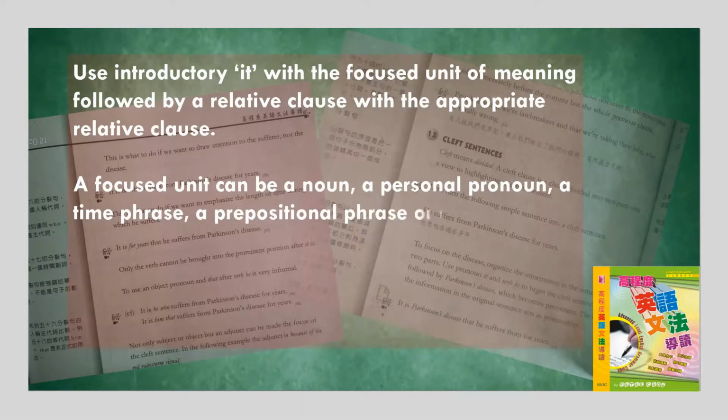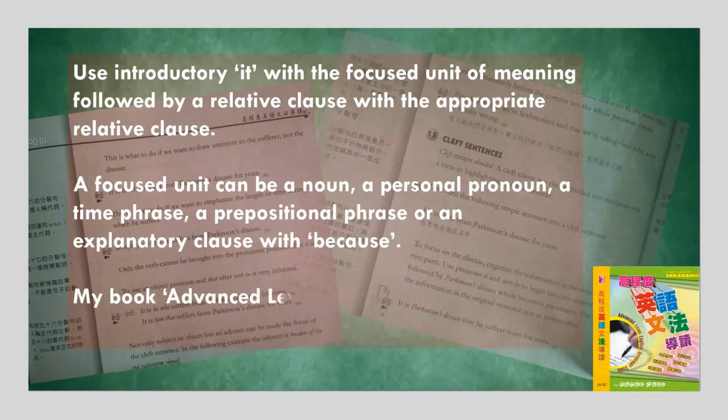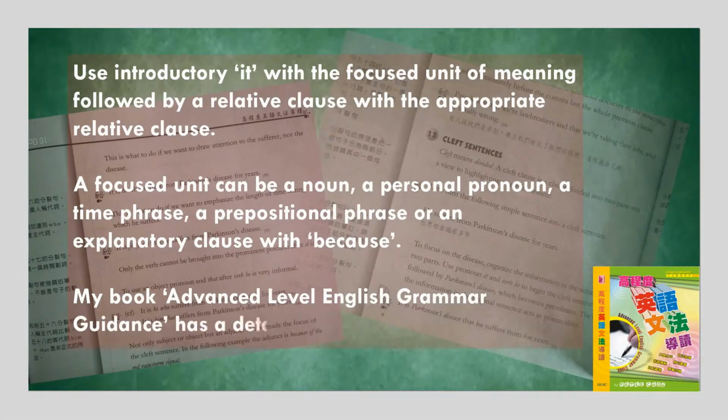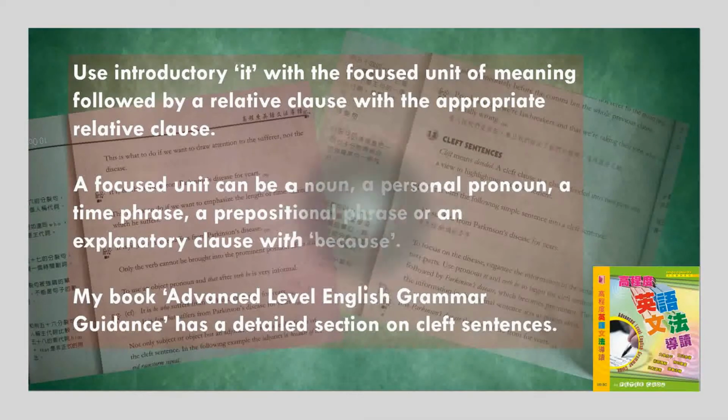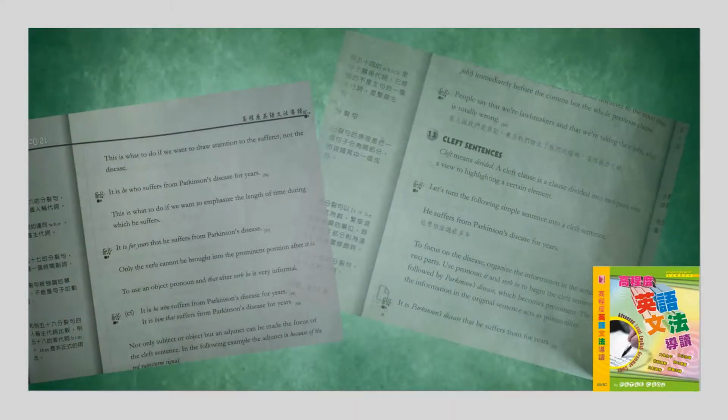They can all be placed in the front with the introductory "it," and then followed by a relative pronoun, a relative clause. Now, did I just say I got a very good example to illustrate this cleft sentence structure?